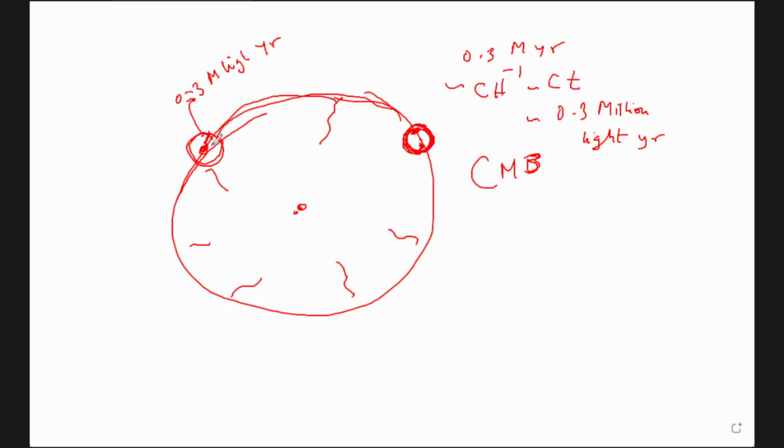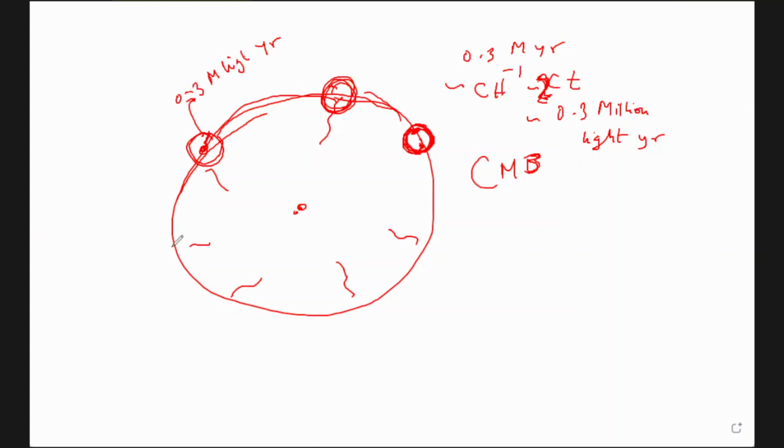Clear? That time the horizon size was smaller, isn't it? Because the age of the universe was very less then. It means the maximum distance light could travel was more or less this. You might get a factor of 2 here, because this 2 comes from the expansion in the radiation dominated universe. But more or less 0.6 million light years. Clear? Yes, sir.